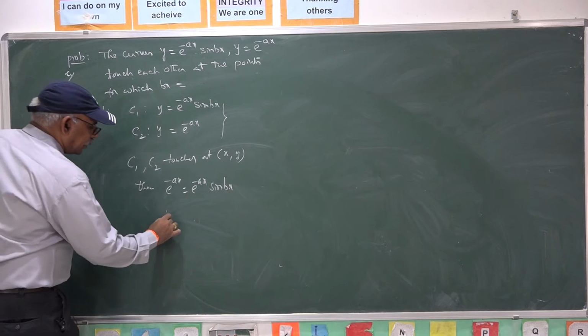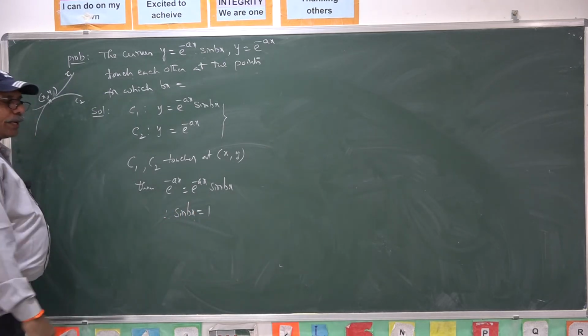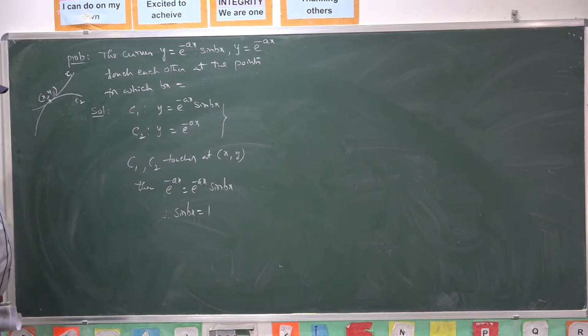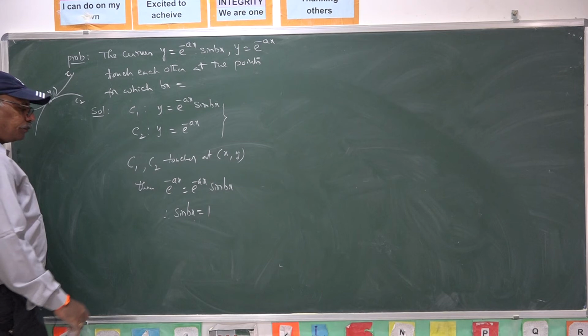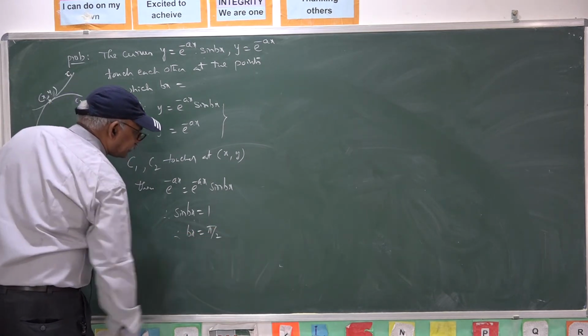Hence, sin bx takes the value 1 here. You can remove e power minus ax on both sides. In such a case, bx takes the value pi by 2.